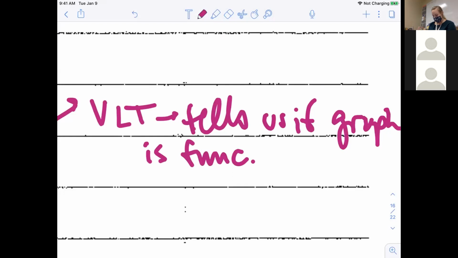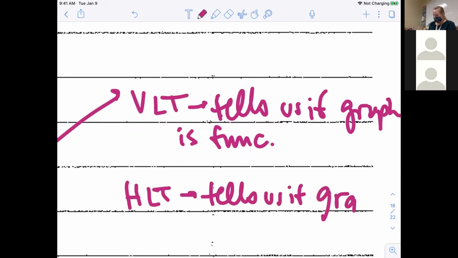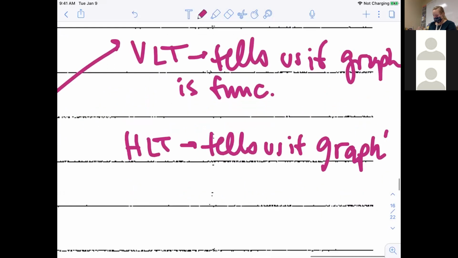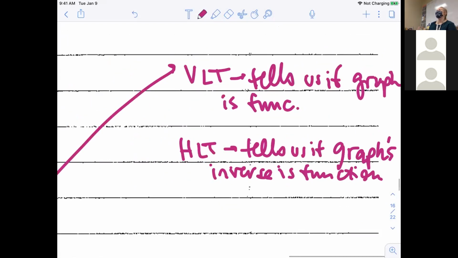Now, do you remember something called the HLT? The horizontal line test. That tells us if the graph's inverse is a function. That says, okay, if we were to do a horizontal line, then that would mean that the graph you're looking at has an inverse that is a function.